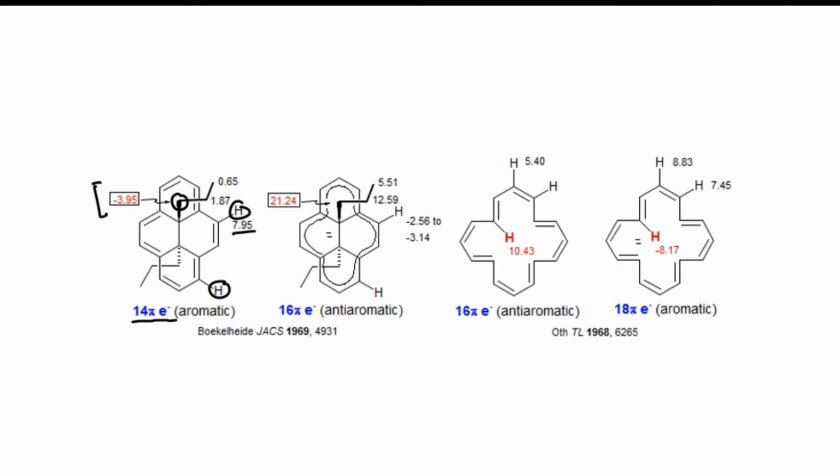But here is a dianion of this previous molecule, which is a 16 pi electron system. This is an anti-aromatic compound. So for that reason you can see that the peripheral hydrogens now have a negative value, which was positive for the previous aromatic compound, because the ring current effect is oppositely oriented compared to the aromatic compound.